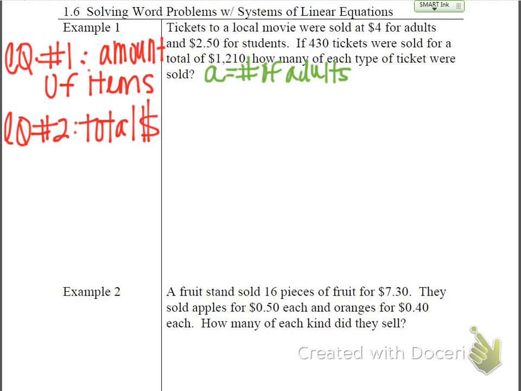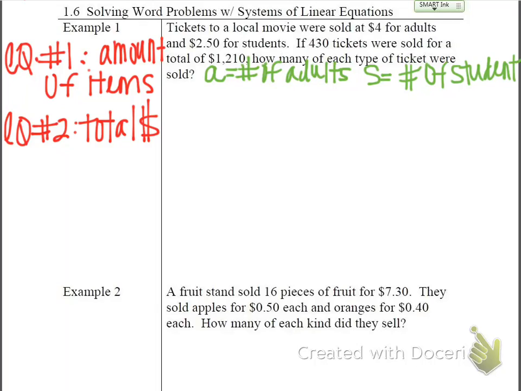Okay, so you have to tell me what the variable means. So what variable do you want to give the number of student tickets? S. So S equals the number of student tickets.